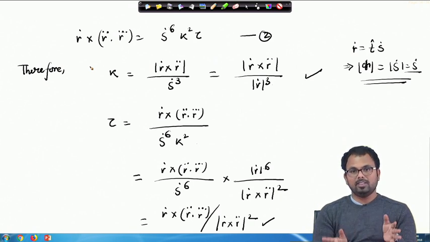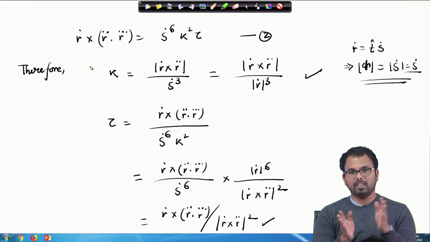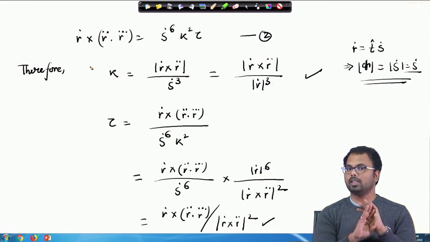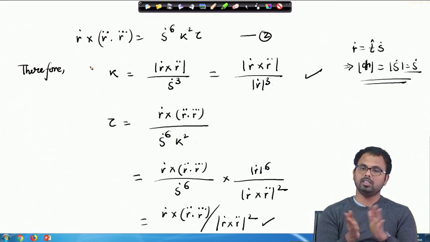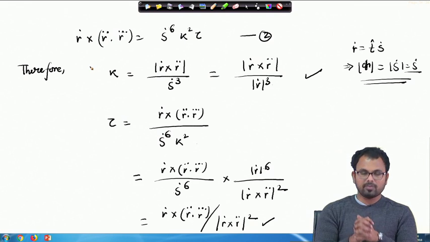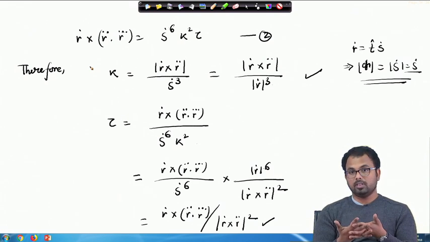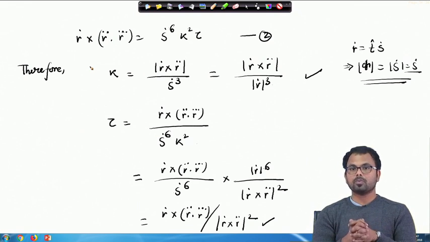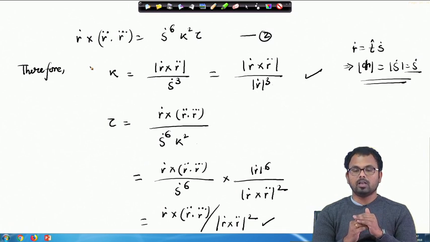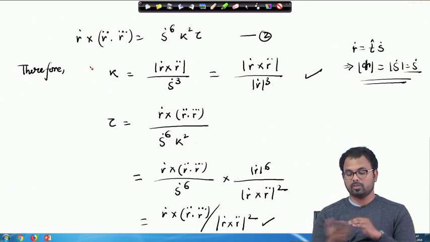And you can see here that now we do not have to calculate any dB/ds, dN/ds or dT/ds or anything like that. We just have to differentiate the given curve r = f(t) with respect to t at least thrice, because for torsion you need to calculate r triple dot, that means derivative of r up to third order with respect to t.